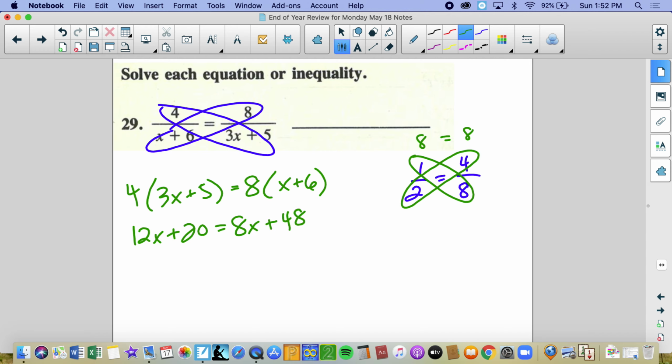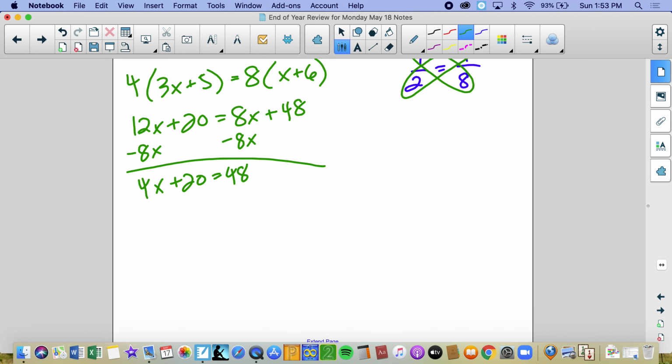Now we're going to isolate. We always move variables first, so I'm going to move my variables to the left. That gives me 4x plus 20 equals 48. And since I moved my variables to the left, let's move my constants to the right.